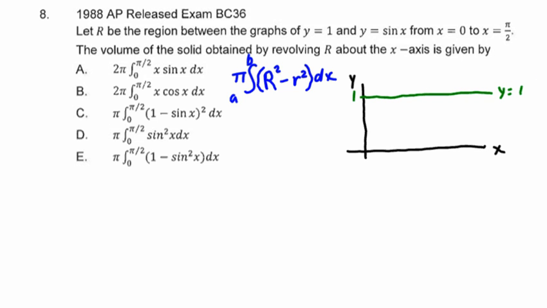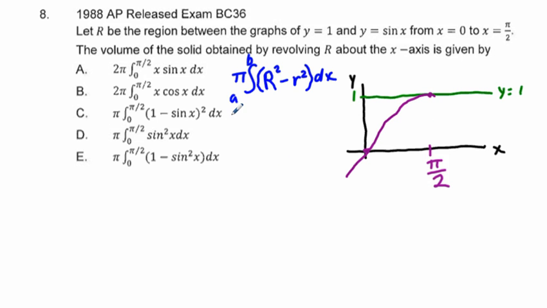And then we have the other function, y equals sine x. So we're going to go all the way to pi over 2. Well, the sine curve will have a value of 0 at the origin, and we'll kind of just top off like this and reach a maximum value. Sine of pi over 2 is going to be 1.